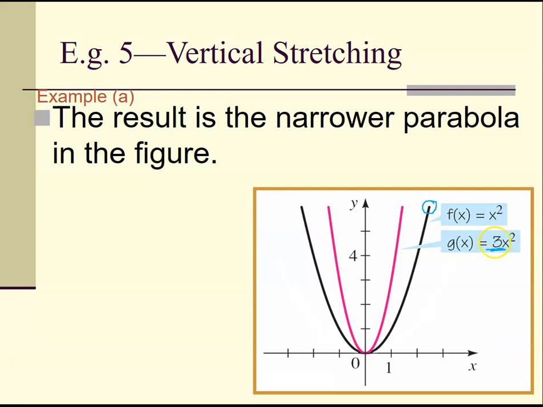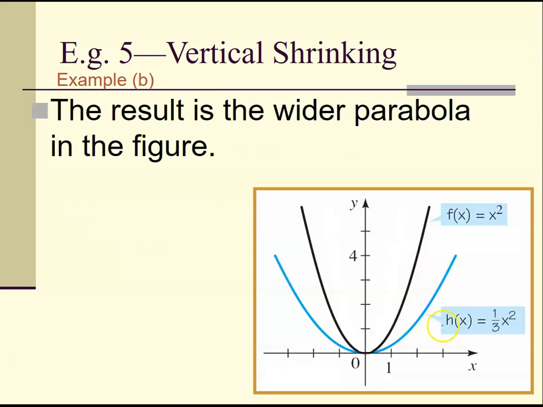So therefore we have 3, and the parabola will be closer to y. But if it is 1/3, the opening of the parabola becomes wider. So if it is greater than 1, the parabola will be closer to y. If we have less than 1, the opening of the parabola will become wider.